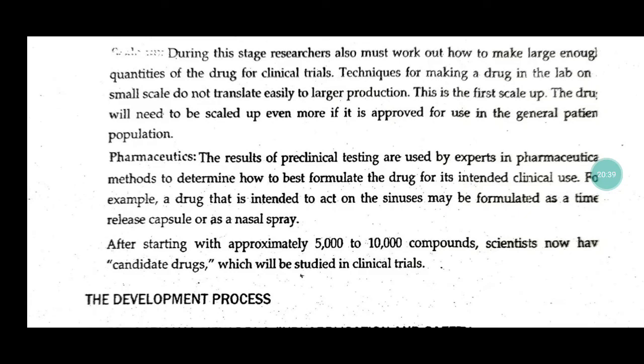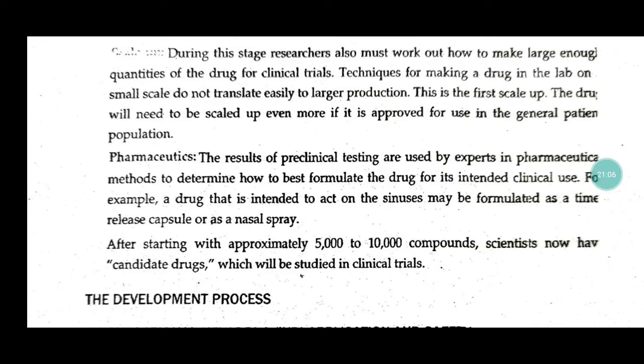The pharmaceutics, the result of preclinical testing, are used by experts in pharmaceutical methods to determine how to best formulate the drug for its intended clinical use. For example, a drug that is intended to act on the sinuses may be formulated as a time-release capsule or as a nasal spray.